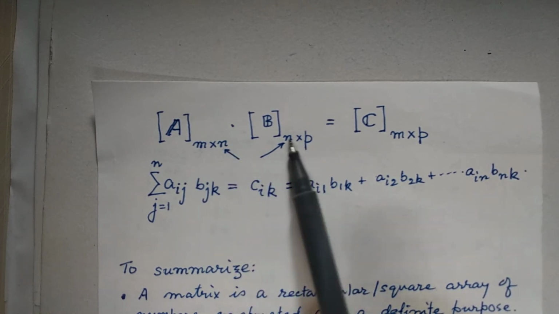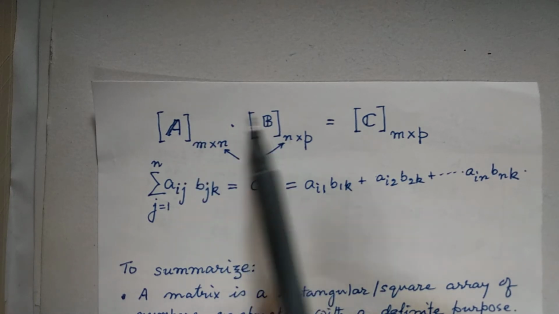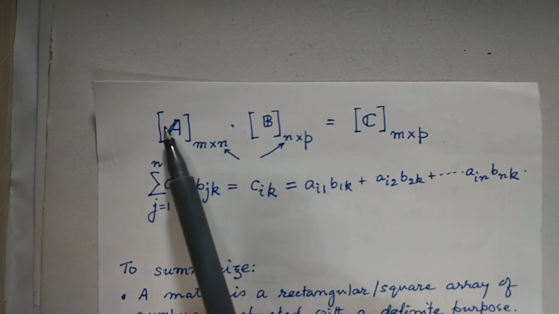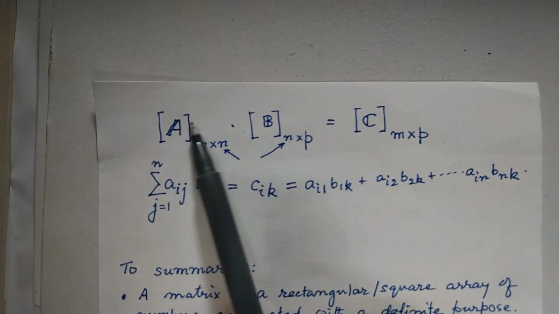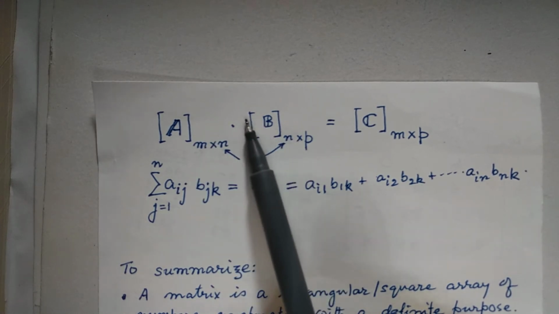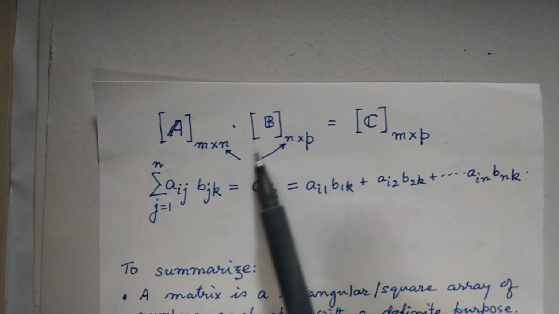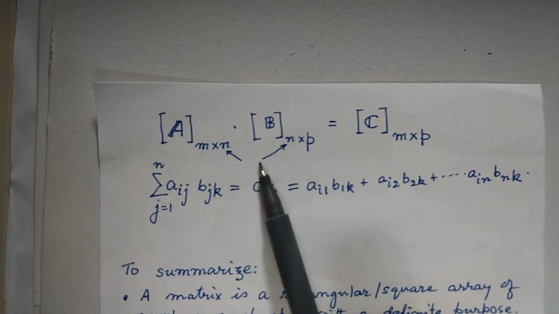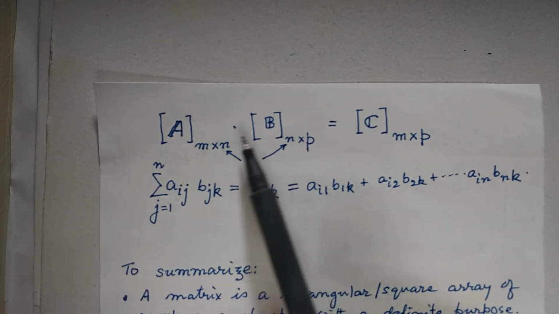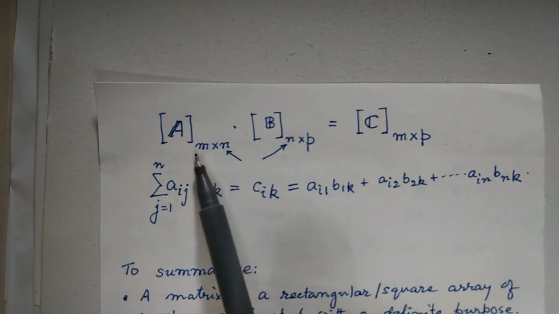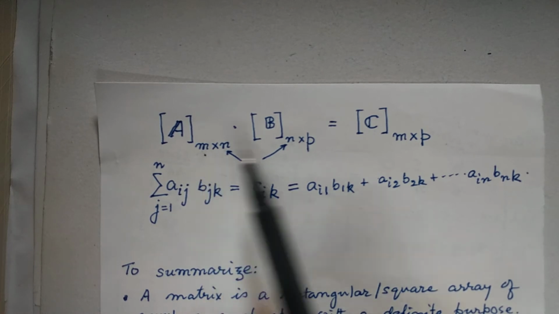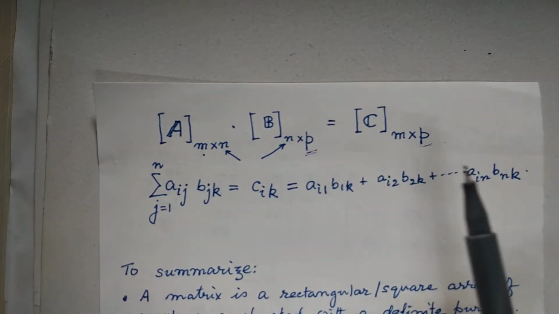These two numbers must be equal so that this multiplication is allowed. The number of columns in the left matrix and the number of rows in the right matrix must be equal. And the final product matrix will have so many rows and so many columns.